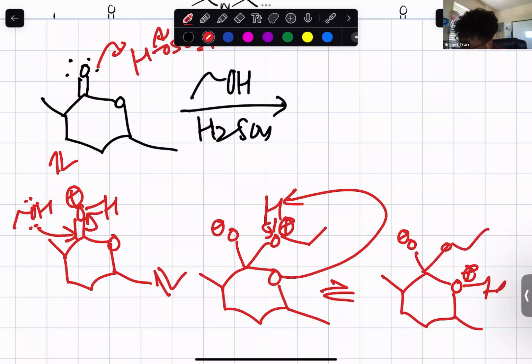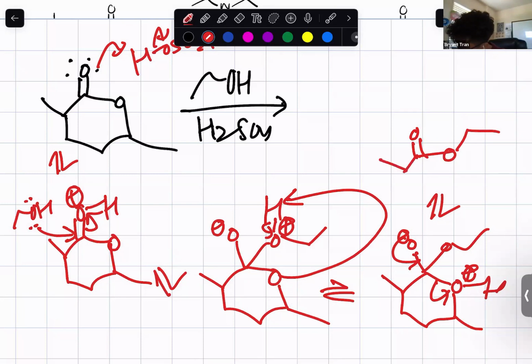Okay, now once we have that, we're going to reform the carbonyl here. This bond right here is going to break and kick off that leaving group to give us this final product here.